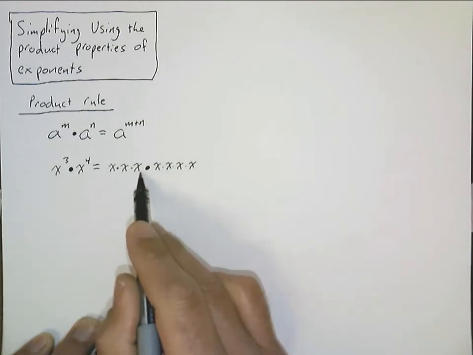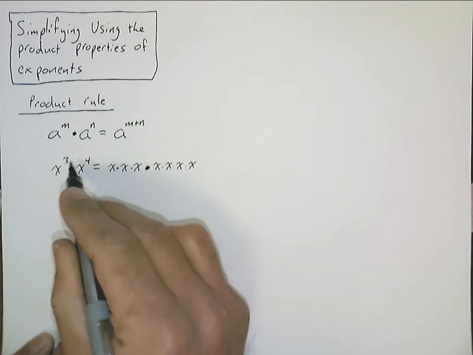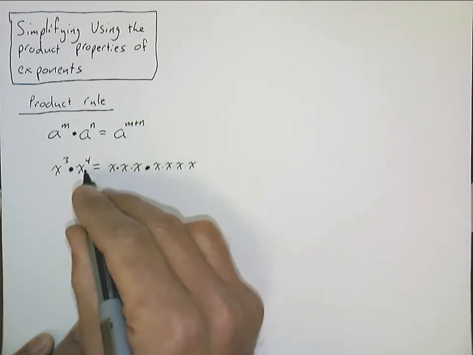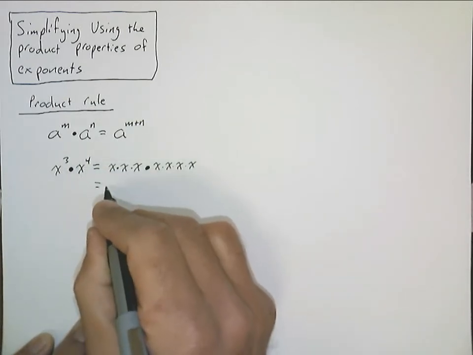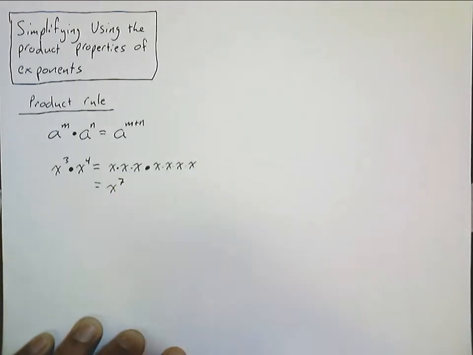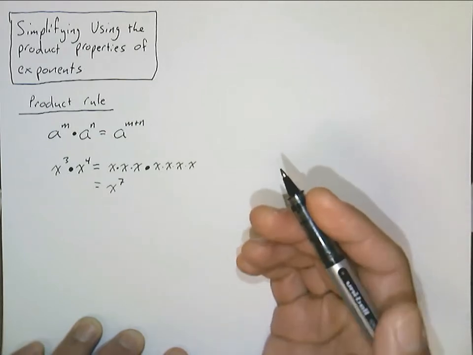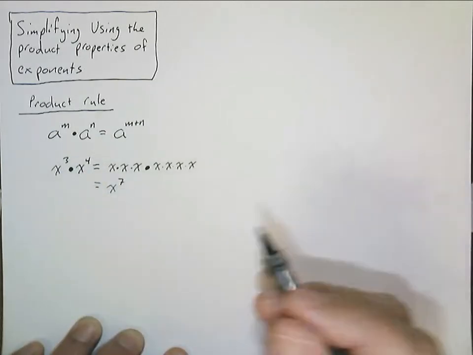So notice we have a total of 7 x's being multiplied together, 3 from this expression and 4 from this expression. So this is just x to the power of 7. Pretty simple to understand when you look at it that way. Just take a basic example and no problem.